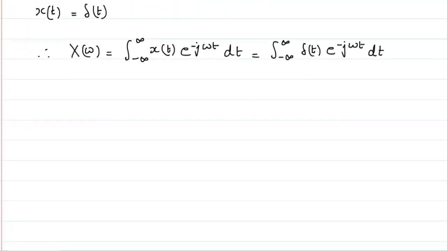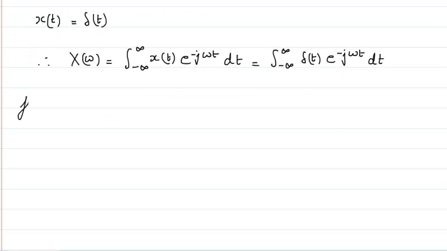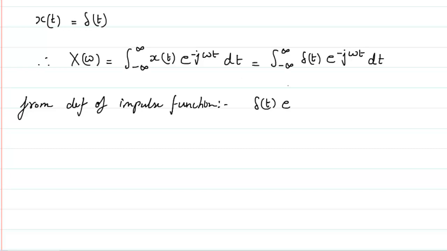Okay, now we know from the definition of the impulse function that if we multiply it with any factor, delta t multiplied with e raised to power minus j omega t is as good as writing delta t e raised to power minus j omega t at t equal to 0.